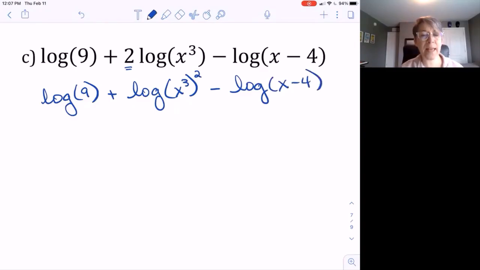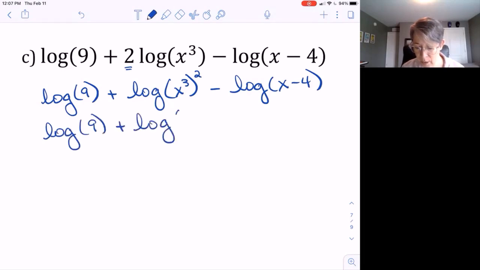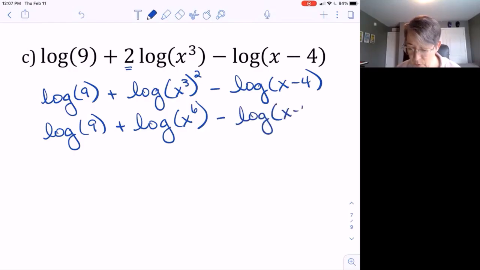We can simplify that x cubed being squared. So we get common log of 9 plus the common log of x to the 6th. Remember, power to a power, we multiply. Minus the common log of x minus 4. Remember, we cannot distribute a logarithm, so that x minus 4 is stuck. It doesn't change to multiplication or get spread out.